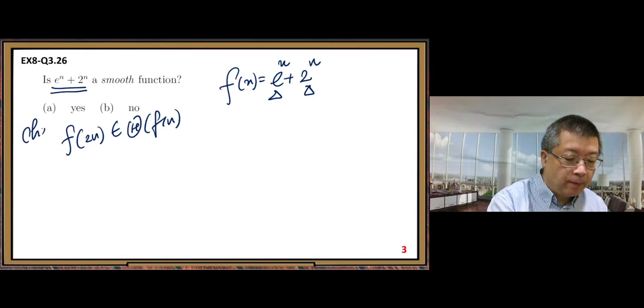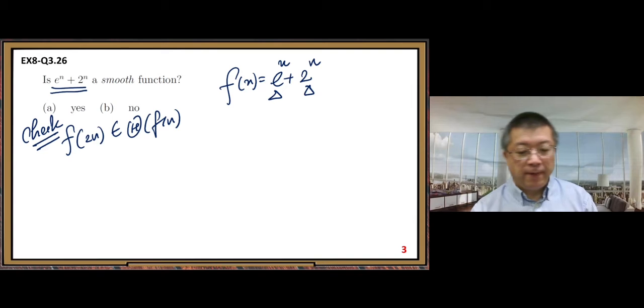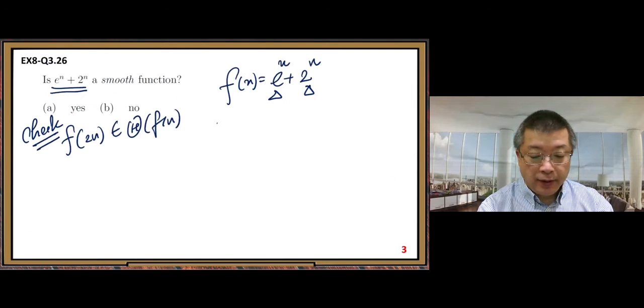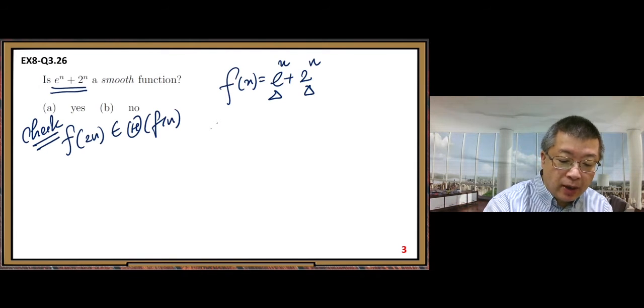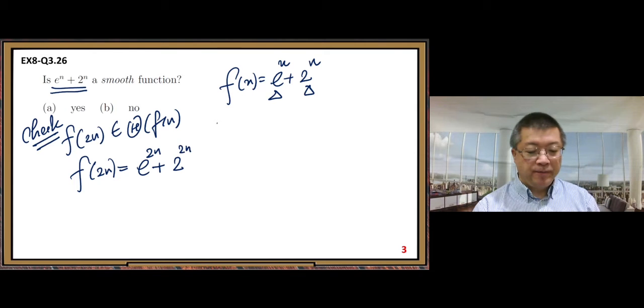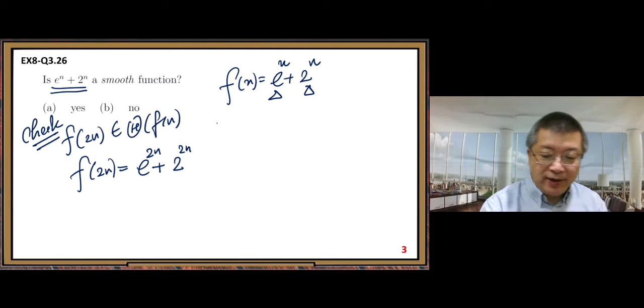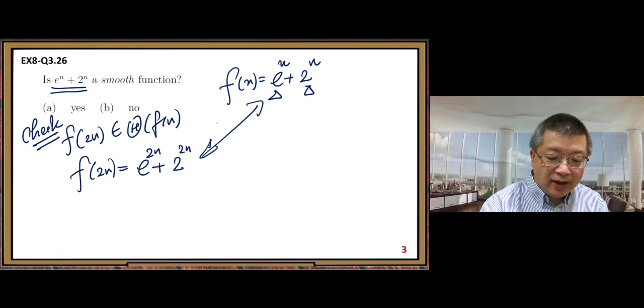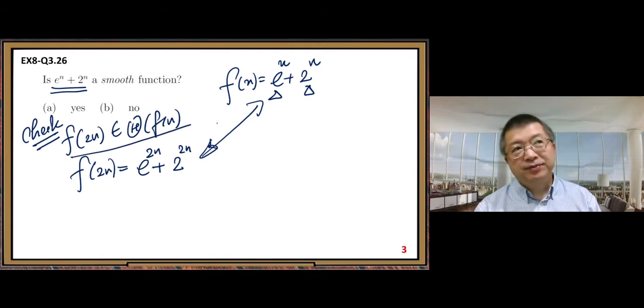We need to check f of 2n, which is e to the 2n plus 2 to the 2n. How about that compared with f of n? Can we get that?